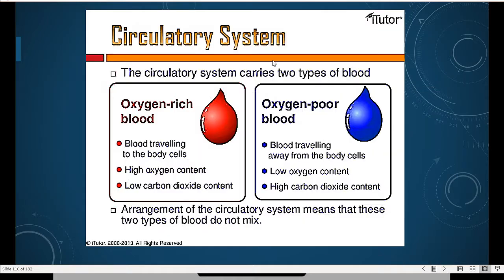We talk about, maybe even if it helps you, to split it in two. You have an oxygen-rich side, which is your left side of your heart, and an oxygen-poor side, which is the right side of your heart. Blood doesn't mix, and that helps you.